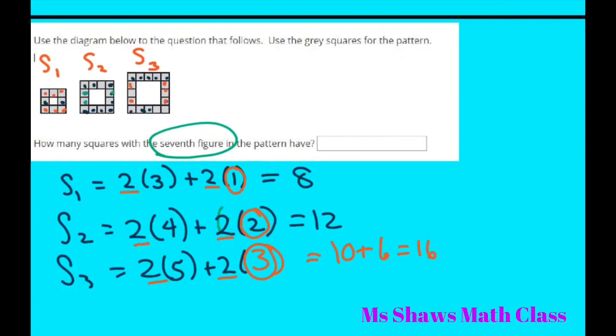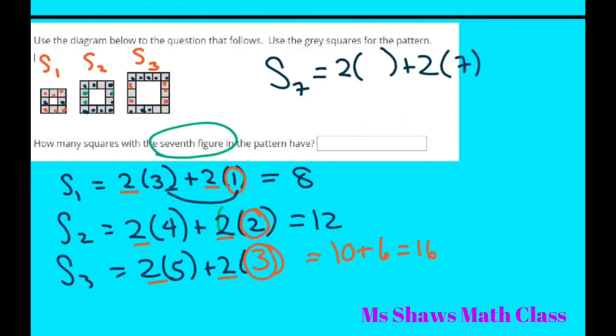If I were to do the 7th one, that would be 2 times something plus 2. We know this is 7, and we know this number is always 2 more. So this is going to be 2 times 9, because you don't want to draw all these. 2 times 9 is 18 plus 14, and that gives you 32. Again, these take a lot of time to think about. You have to think about it and work it out.